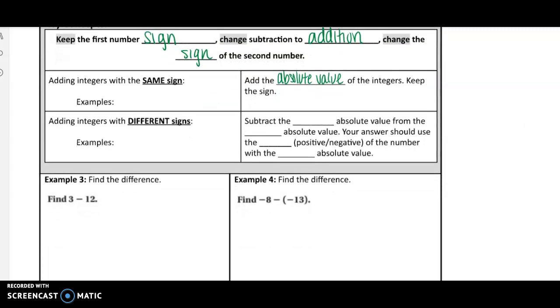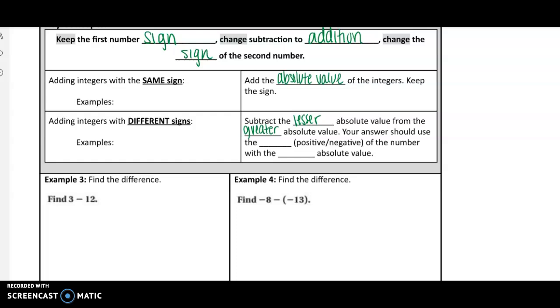When we are adding integers with different signs, we subtract the lesser or smaller absolute value from the greater or bigger absolute value.